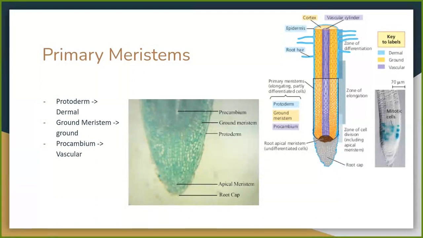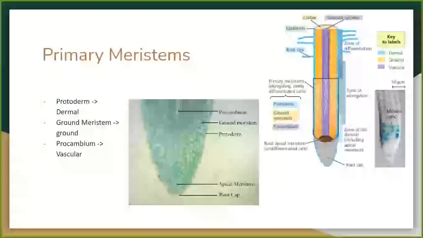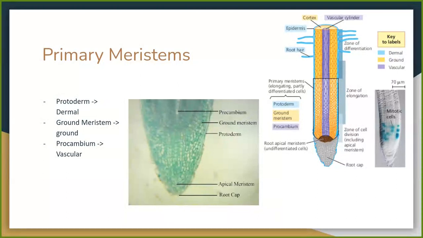So protoderm is a structure that will form dermal tissue. Just remember derm within both of them. Ground meristems create ground tissue. Procambium creates vascular tissues. So you can see that on the Campbell's image. The innermost layer, the purple one, that's the procambium.